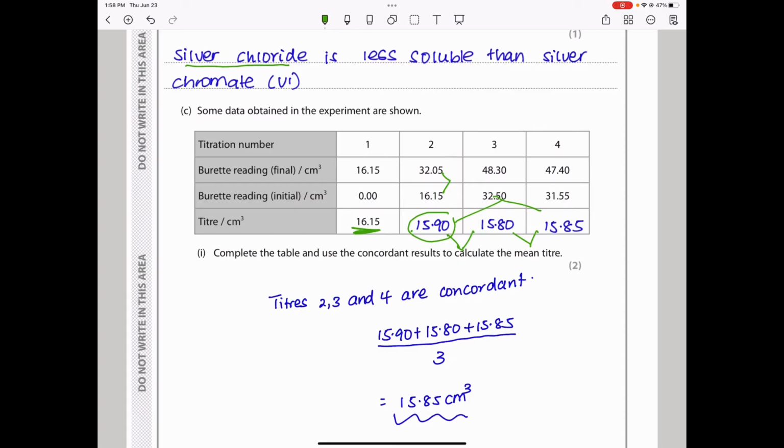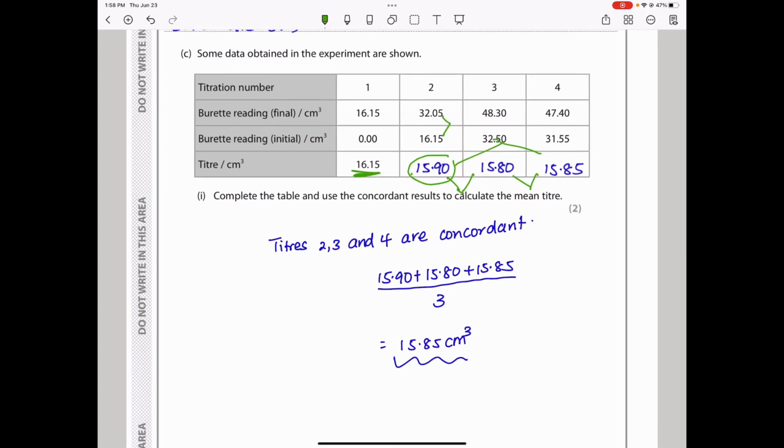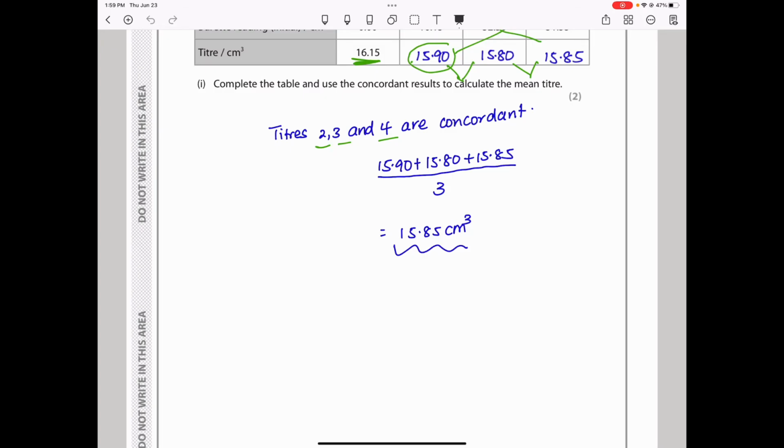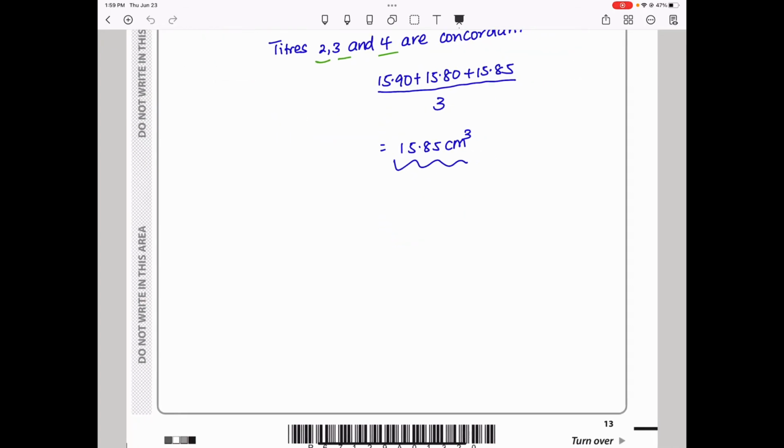It is not concordant with any. So we can see that titer 2, titer 3, and 4, all these titers are concordant. And therefore, to find the mean titer, we will add up that plus that, divide by 3 to get 15.85 cm³ as the mean titer for this titration.